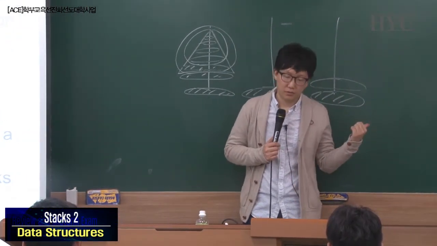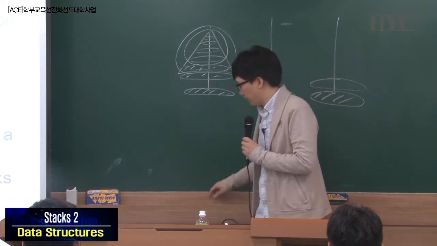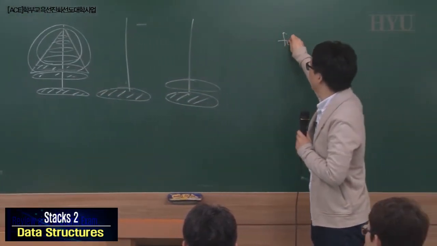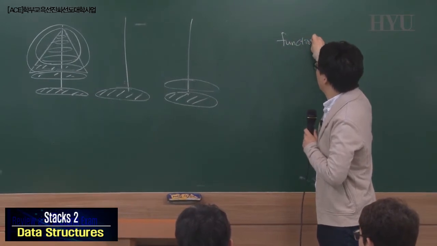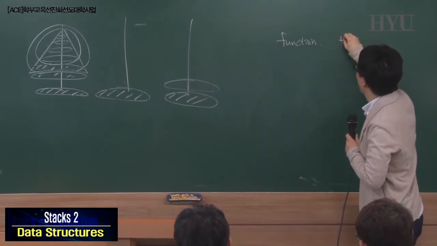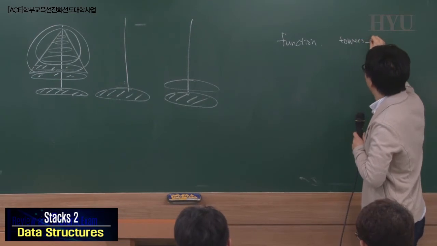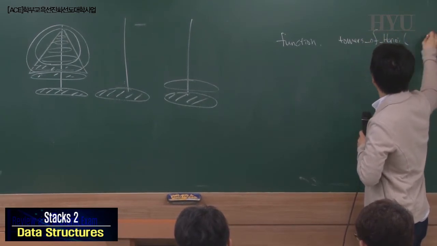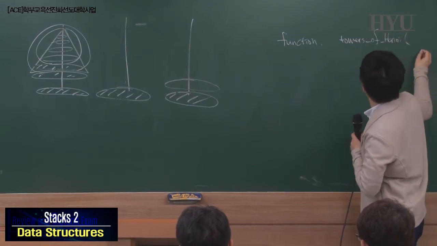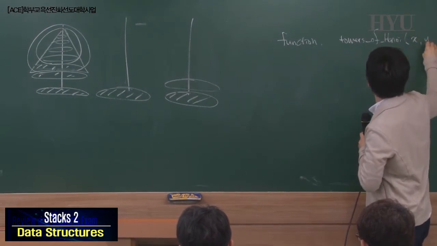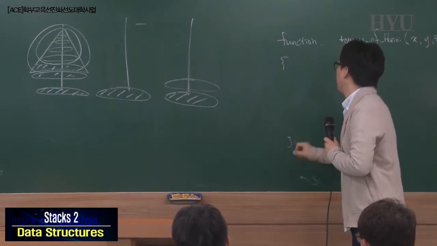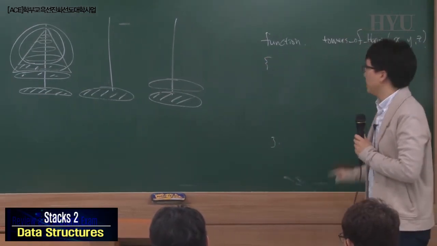I would also try to write that in a function. So maybe I need a function called towers of Hanoi. I've forgotten how the book wrote it. Anyway, maybe I just need 2.